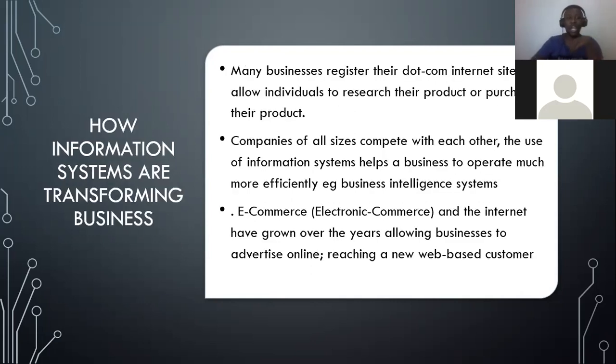So that's why I was saying you don't have a single information system. You have a wide range of information systems depending on the task at hand. If you want to deal with customers, there are information systems specialized in that. If you want to deal with supply chain, there are information systems specialized in that. If you want to deal with human resources, there are information systems that are specialized.